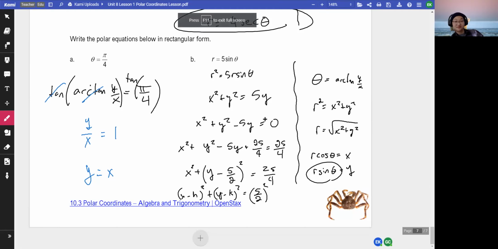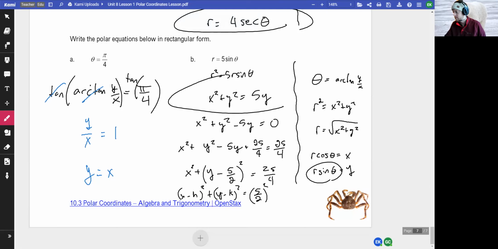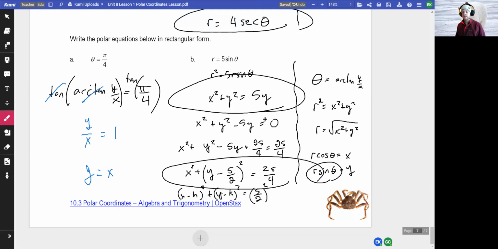So we multiplied by r there to get r sine theta. And then really, you can stop here. But if you're a little bit extra, you can always complete the square like people did in geometry all the time, and then identify more elements of the circle. But when you see an x squared and a y squared, it's usually a circle or another conic section. x squared minus y squared is going to be a hyperbola.